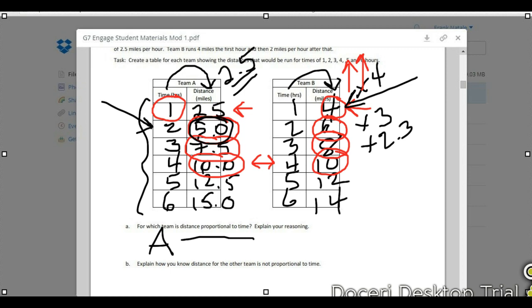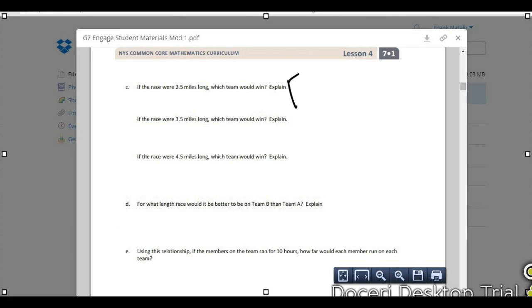So another half a mile for Team B is only going to take like a quarter of an hour. So it's not going to take very much time at all, whereas with A, we're still behind. A does indeed catch up at some point, but not quite yet. So again, this was B, and then this would also be B.